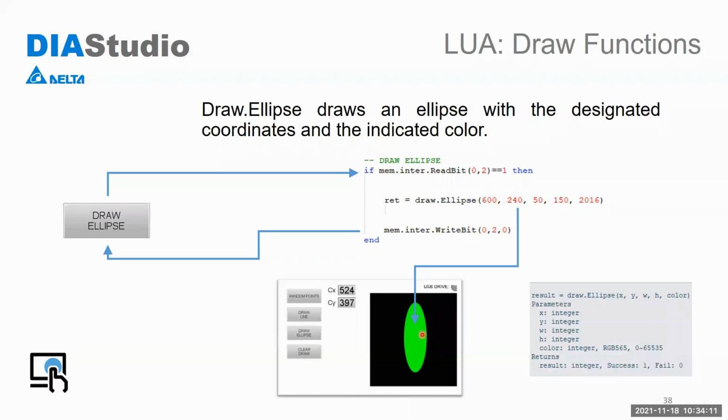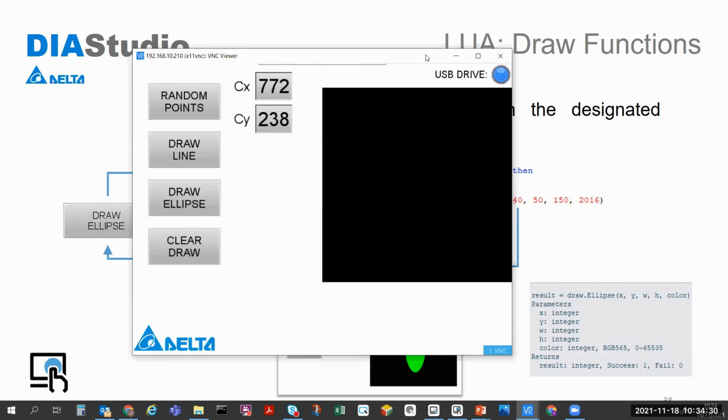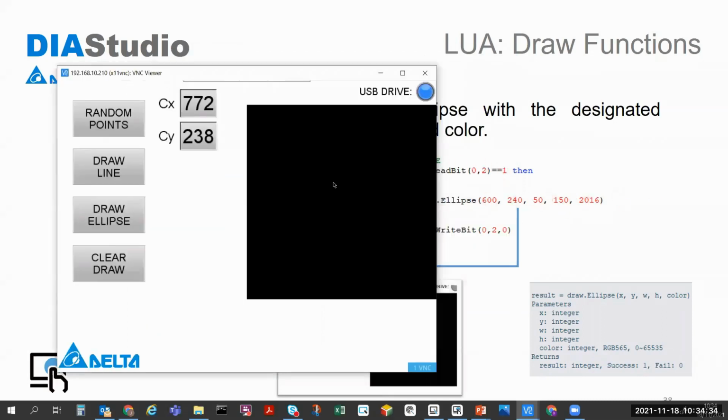Then I need to indicate the width and the height of the ellipse, and of course, the color in which I want to paint the background inside the ellipse. Again, for this simple example, I put fixed values, not variables. And here you have the ellipse.